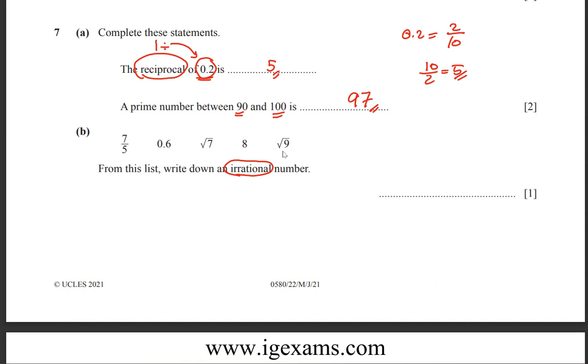If you have a root for a square number, this is rational, not irrational. So what do I choose for an irrational number?